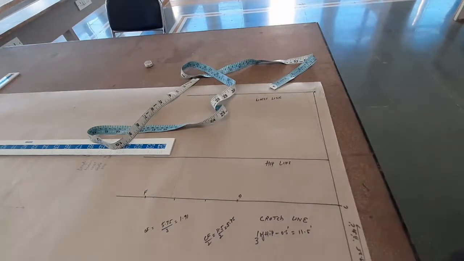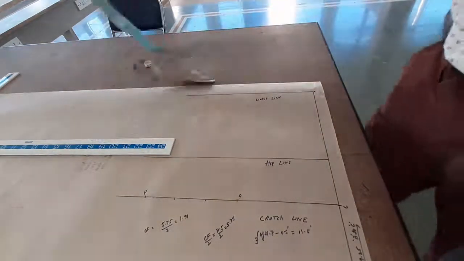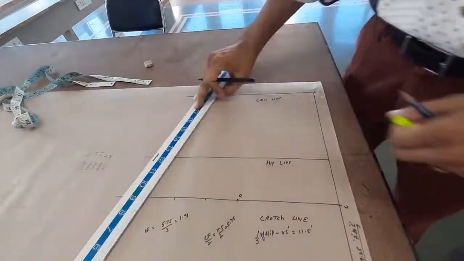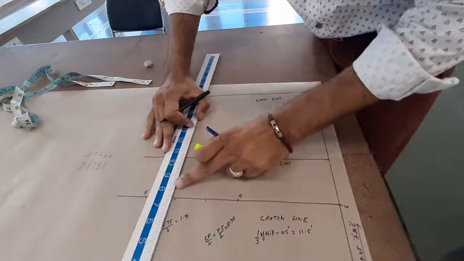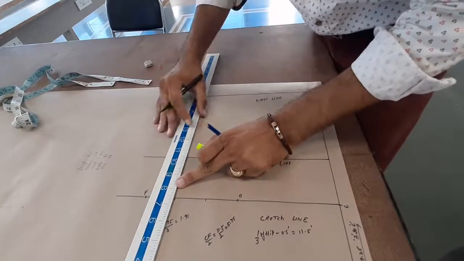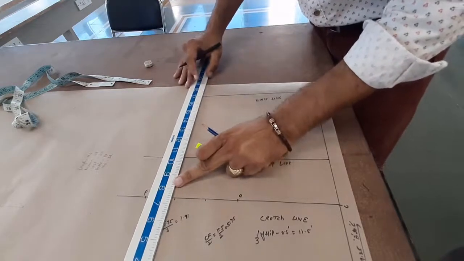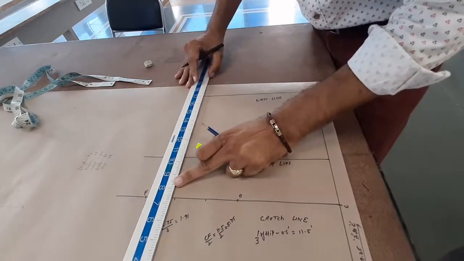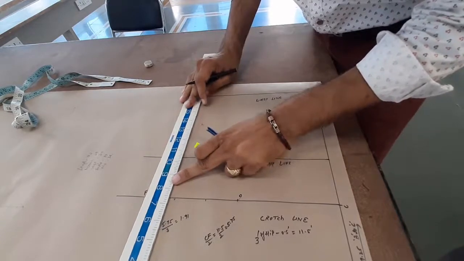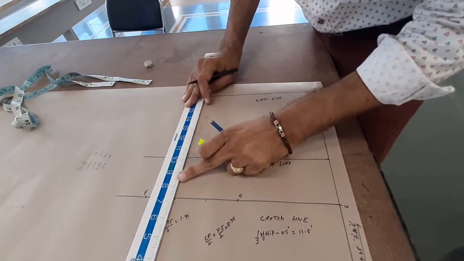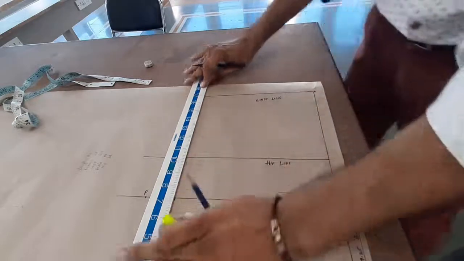After that you need to draw a straight line from your second point. This is our second point. From the second point we'll mark a straight line.